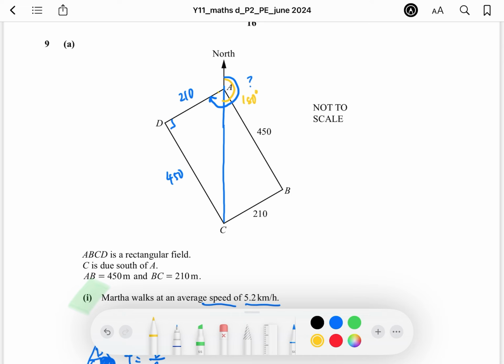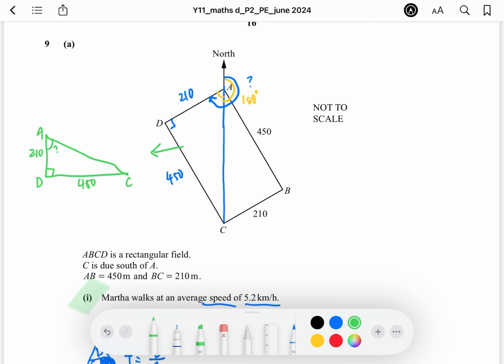If you're able to find this angle here, we can just add both angles together and we can get the bearing. So suddenly it transforms to a question on, let me just rearrange that one. So that's 450, that's 210, and the angle at A is what we want to find.